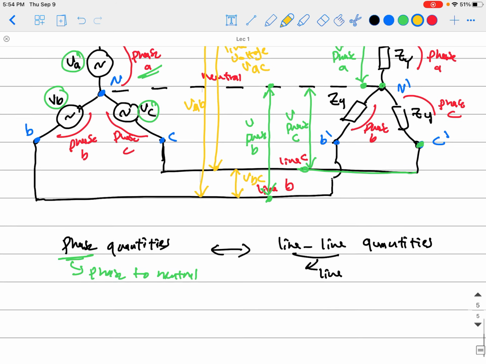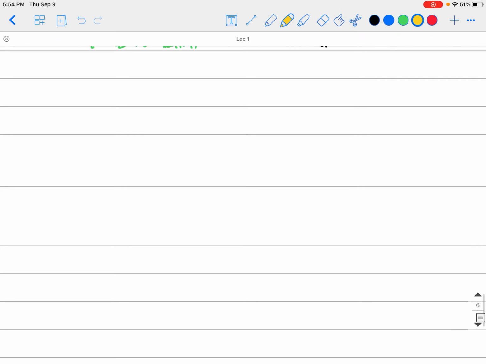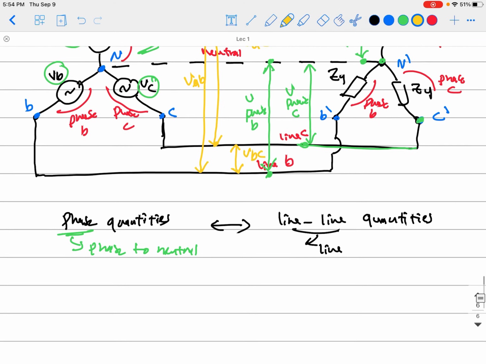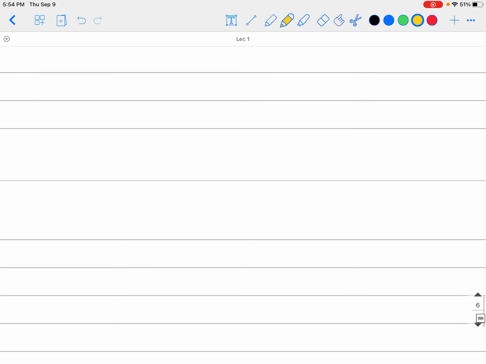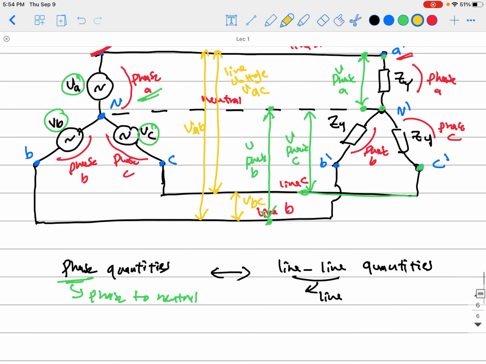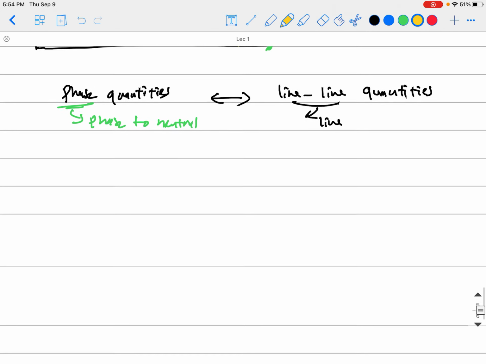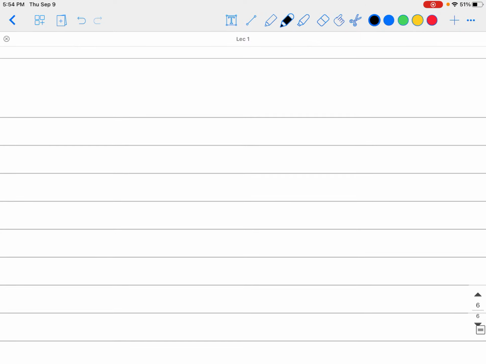So how can you actually calculate this or differentiate this or have this in mind? I'm going to just take a small portion of this load here and redraw it down here.